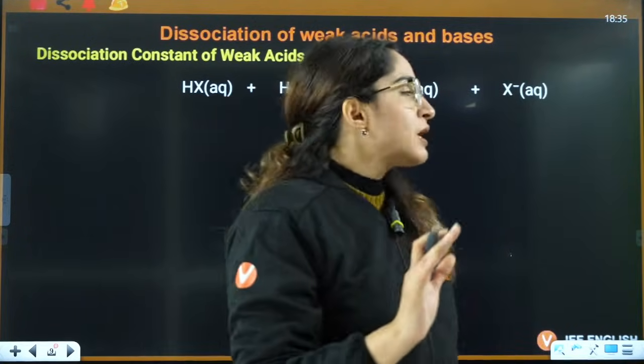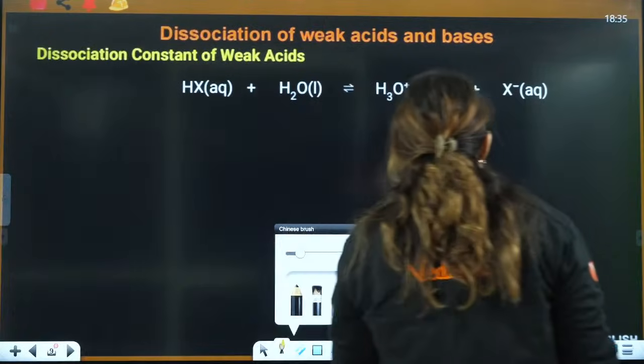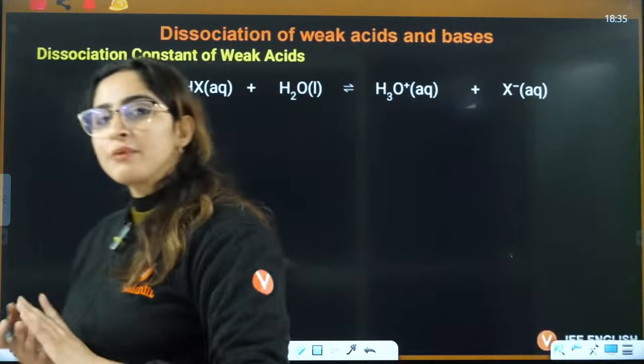Now firstly, let's talk about dissociation of weak acids and weak bases. Dissociation is going to be the same in all the cases.